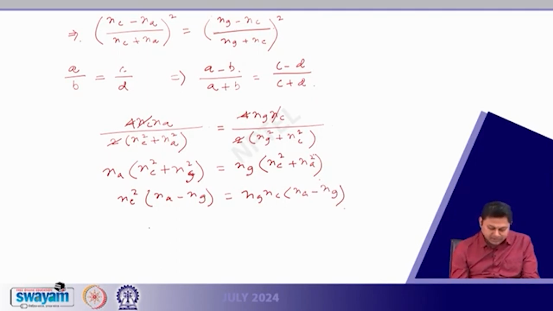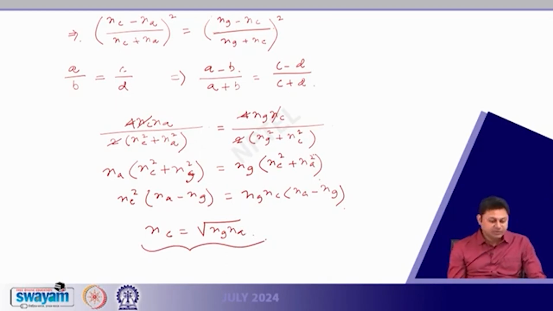So, from here I can find the refractive index Nc, which should be root over of Ng multiplied by Na. So, this condition allows us to write down the refractive index of the coating. So, that should be the refractive index.